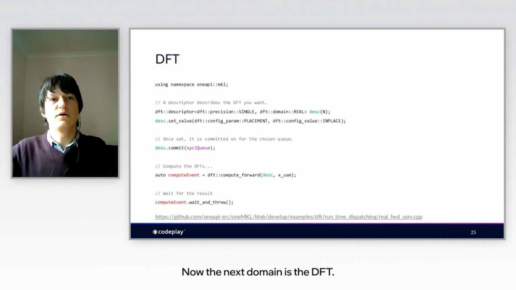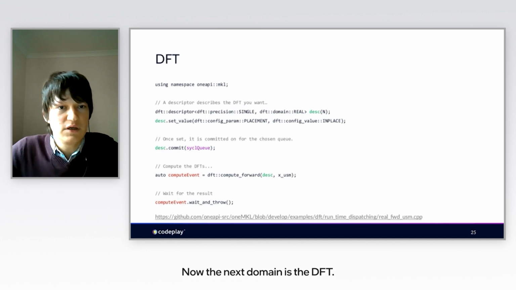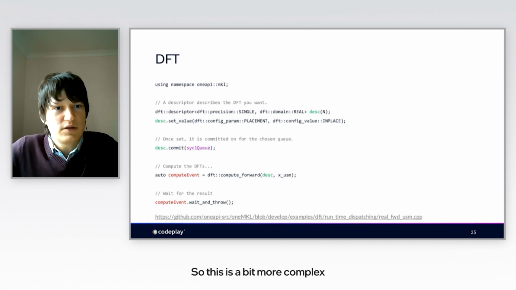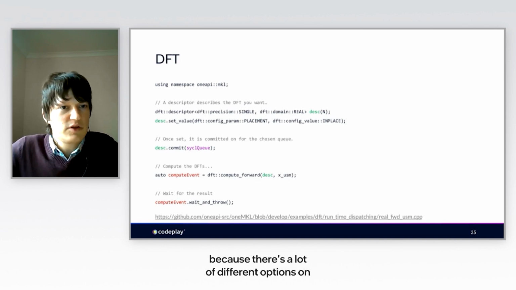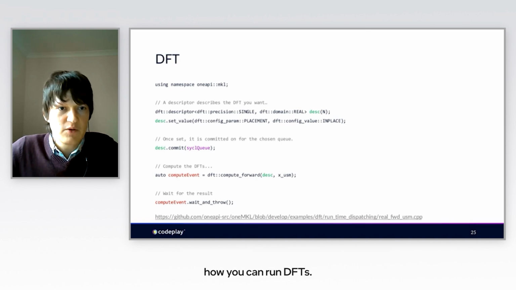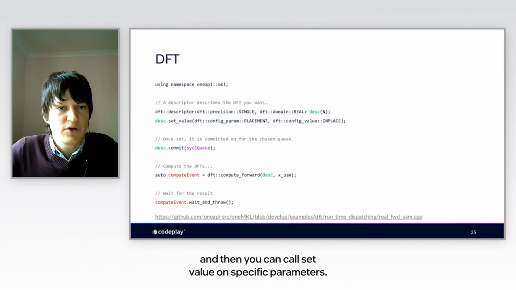as a dependent. Now, the next domain is the DFT. So this is a bit more complex, because there's a lot of different options on how you can run DFTs. So what we have is these DFT descriptor objects that basically let you configure your execution. So you create this object, and then you can call set value on specific parameters.